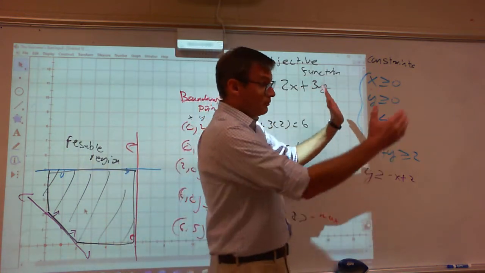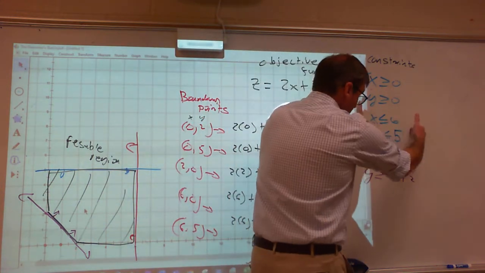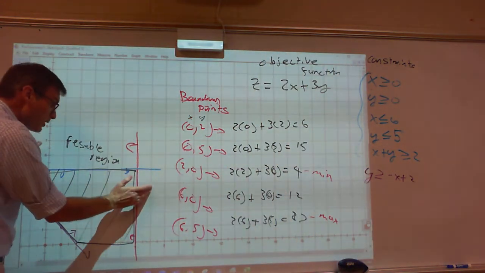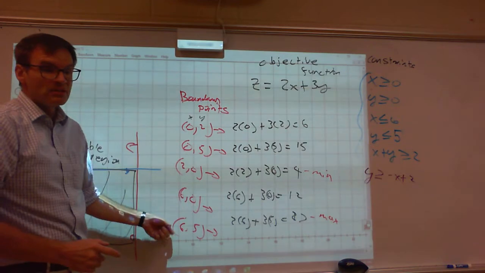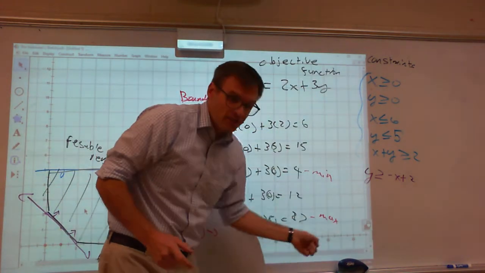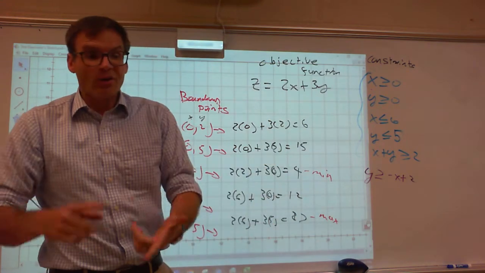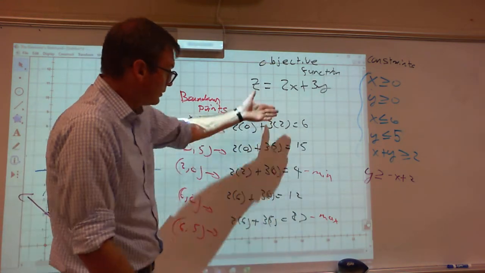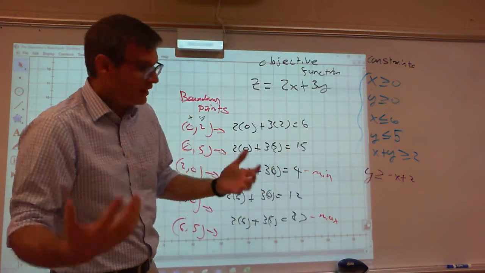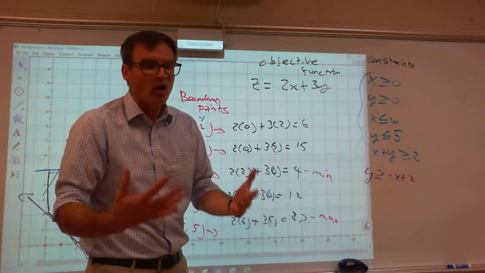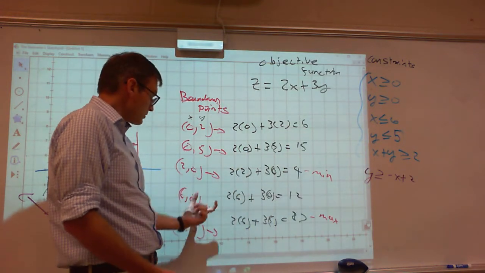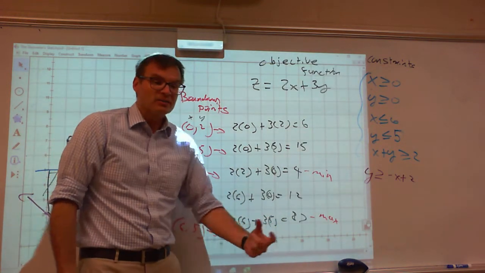To do that, just to repeat again, the picture gives you these coordinates, and you plug these coordinates into the objective function, which gives us a number. We're looking for either the biggest or the smallest number. So there's our biggest, there's our smallest, and then I may ask, what causes it? The coordinate (2, 0) gives me my smallest, and the coordinate (6, 5) gives me my biggest.